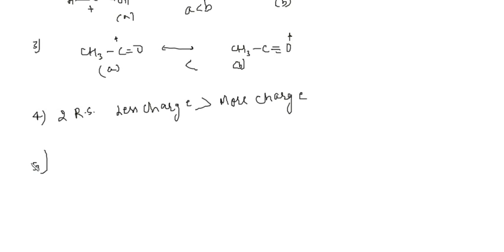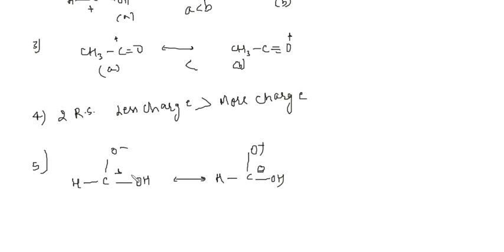If two resonating structures have the same number of covalent bonds and formal charge, then the negative charge on the more electronegative element and the positive charge on the more electropositive element will be stable. Now see further example, HC(+)O(-)H and HC(-)O(+)H.